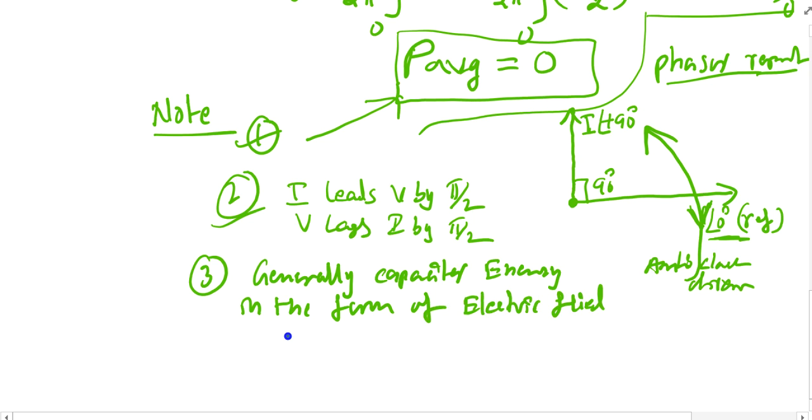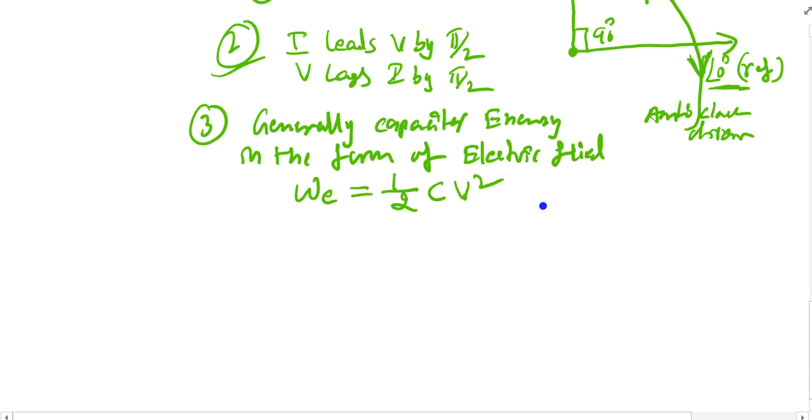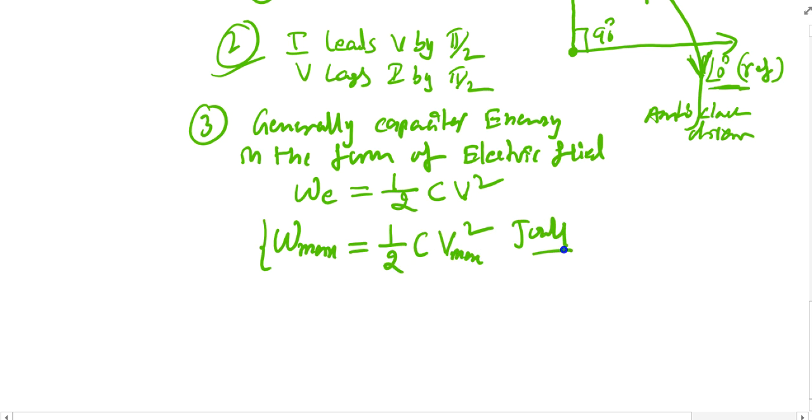So the stored energy of the capacitor is nothing but half CV square. If you want to calculate the maximum energy stored by the capacitor, then it is half C V max square. This is the maximum energy stored, in joules. So these are the three points you need to remember.